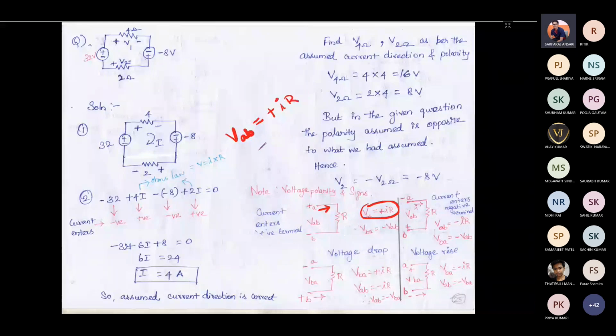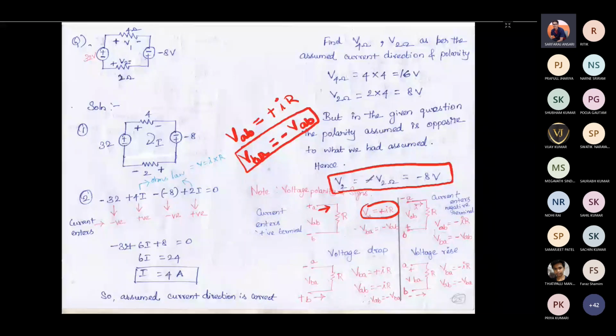If you want to represent the same VAB as VBA, then we should write it as minus VAB. This is what we have done here. This is very much important. You understand this.